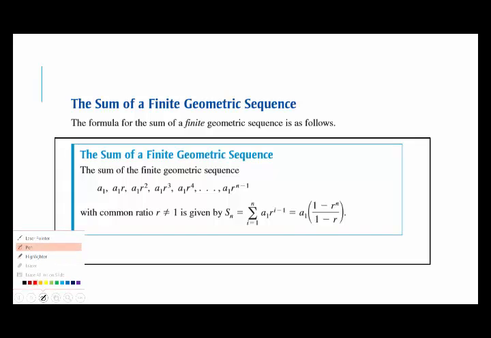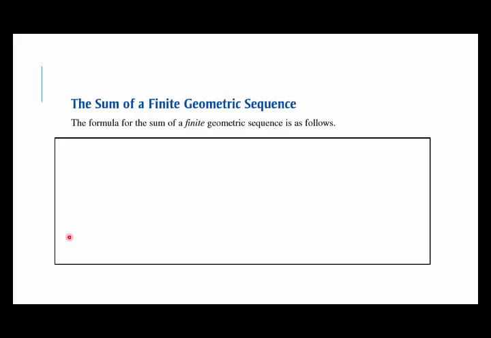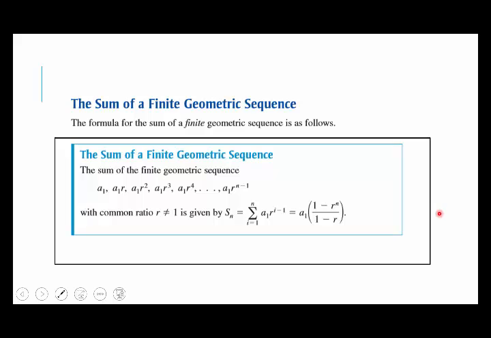What's absolutely key here, let me get my laser pointer, is to notice right here that the sum of a geometric sequence is equal to the first term times 1 minus the ratio, but you're going to raise it to the nth power.